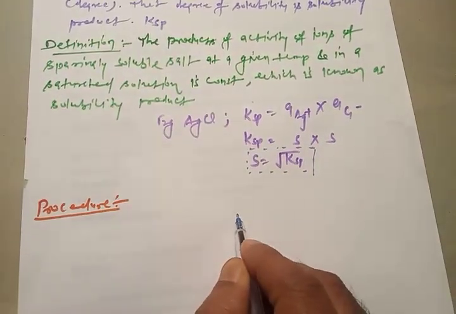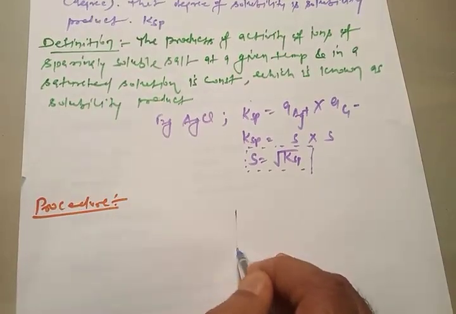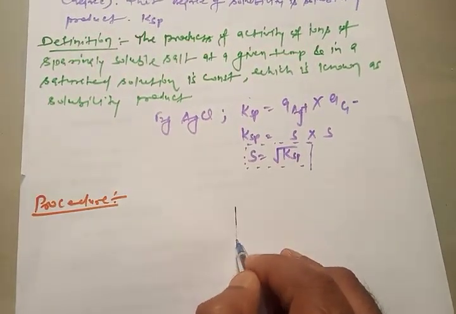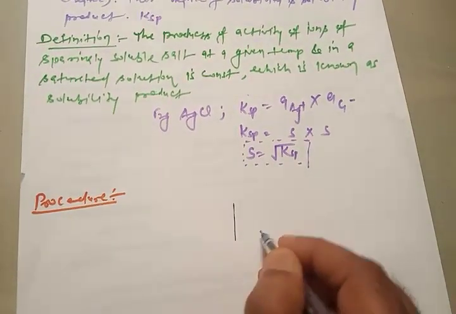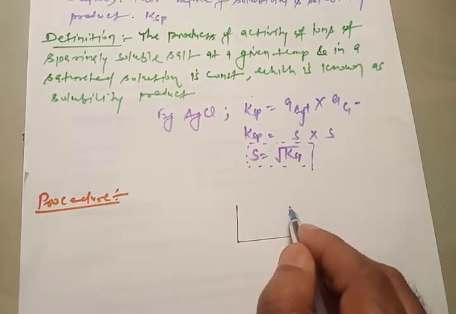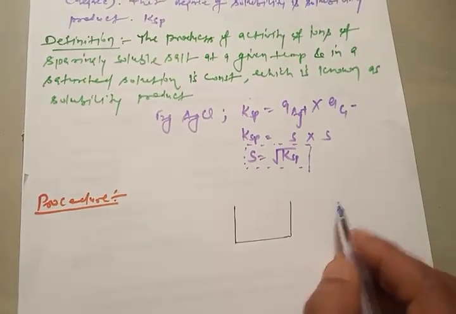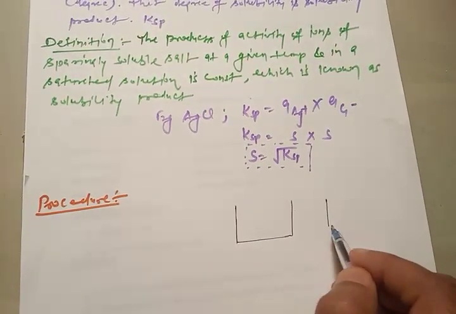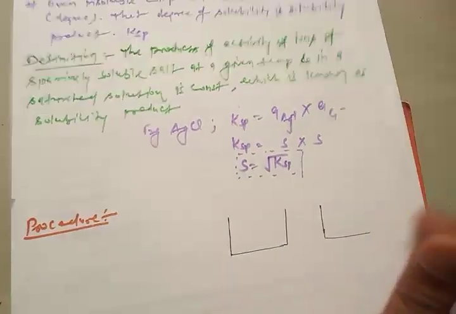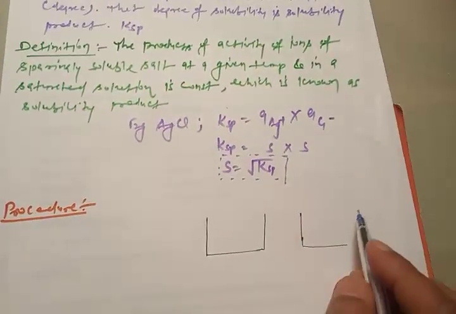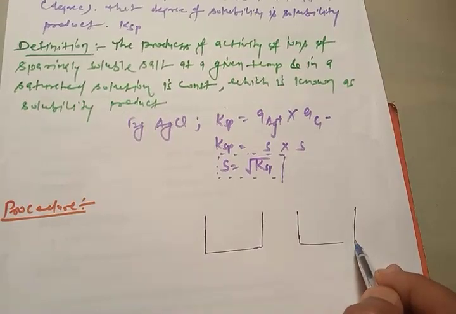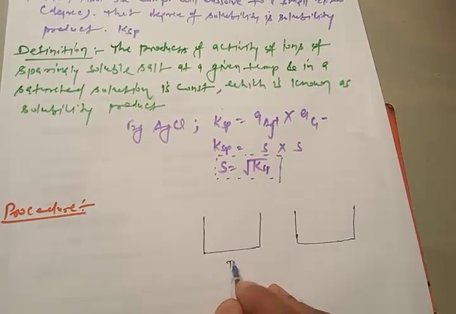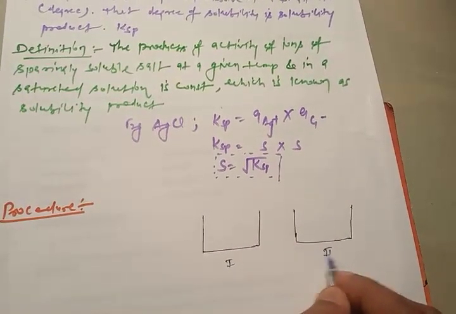This is beaker number 1, and this is beaker 2. This is the first one, and this is the second one.